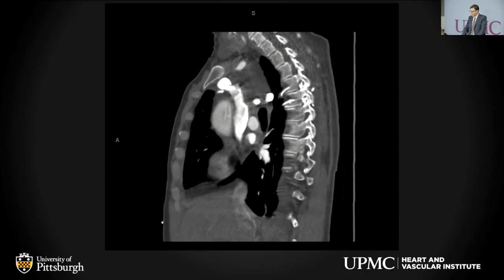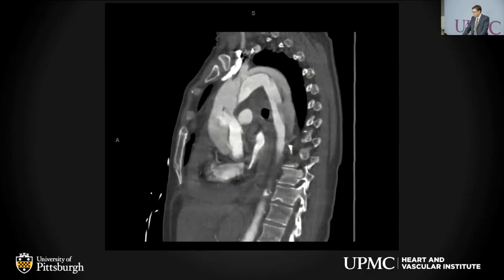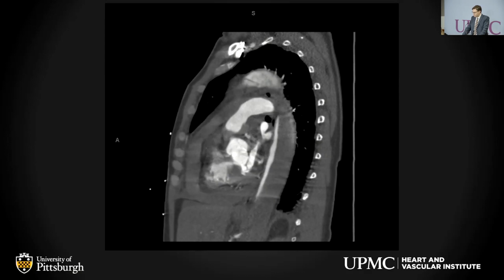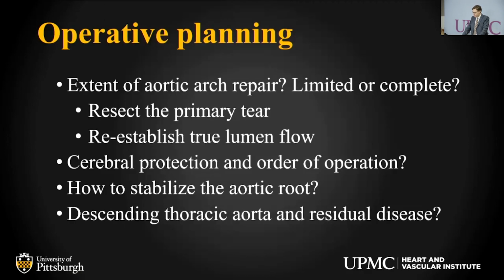Her tear was complex. It appeared to involve the proximal arch at the base of the innominate. So for these reasons, it was decided to take her to the OR for an emergent repair.